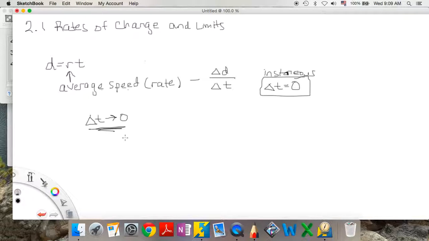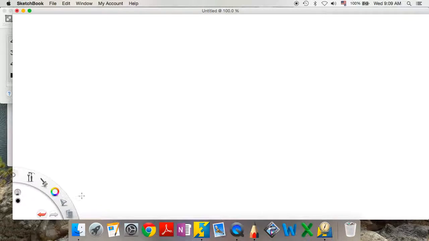This is a limit. If you look in your book on page 55, it gives you a couple of examples with this. The first example talks about that average speed and how you find that. And then the second example talks about instantaneous.